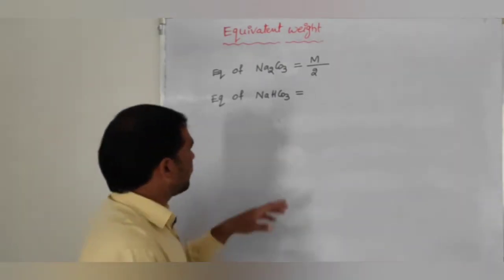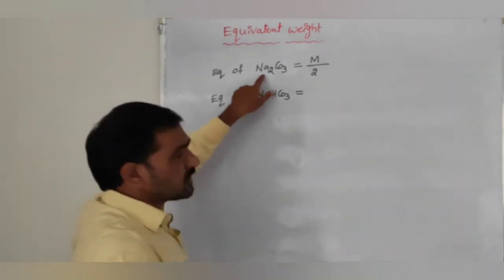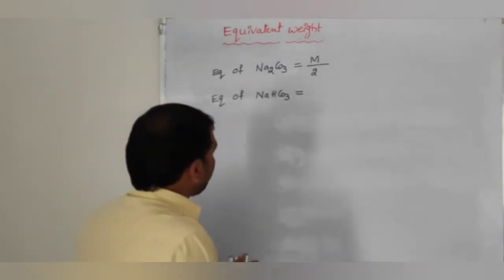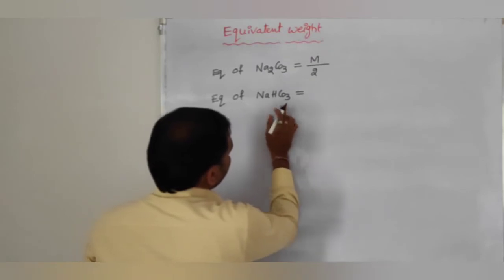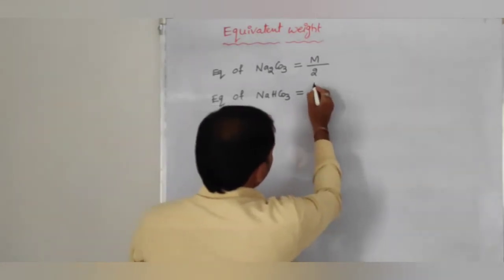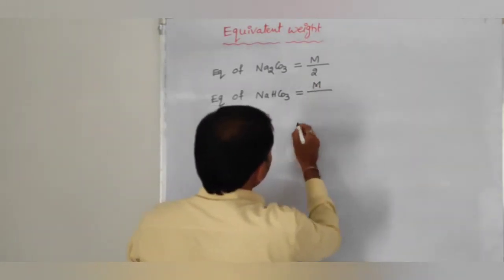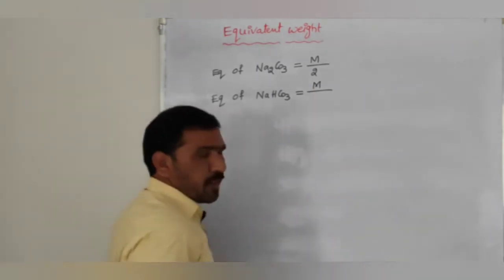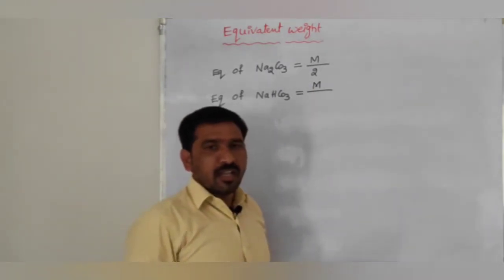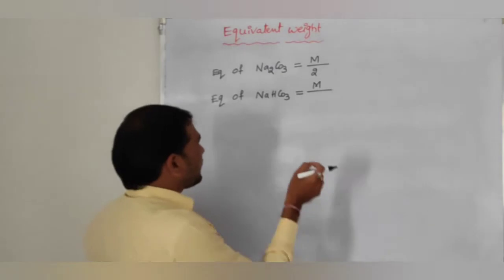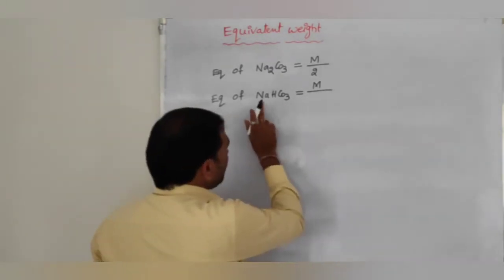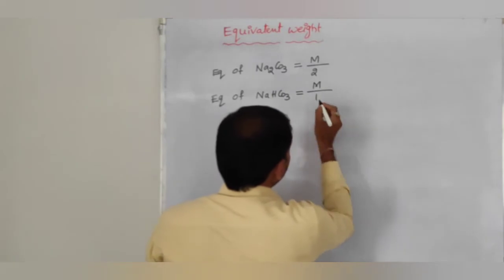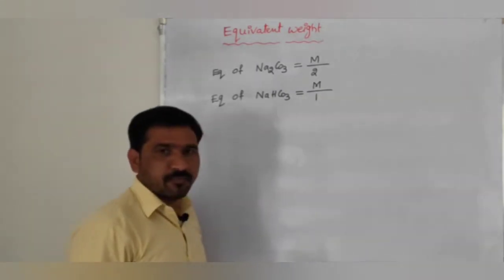Like that you can remember. This is baking soda, this is washing soda. Therefore, here the equivalent weight of baking soda NaHCO3, sodium bicarbonate, is equal to the molecular mass of sodium bicarbonate divided by the n factor. How many H plus ions participated in the replacement of Na? Only one. Because of Na only one is there. Therefore, here n factor 1, like that we can take.